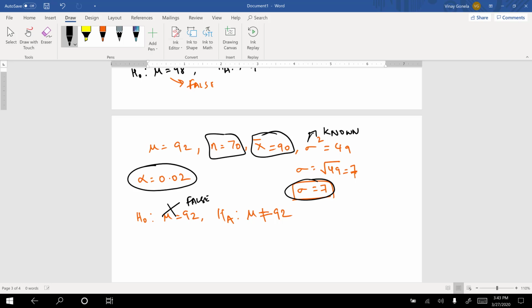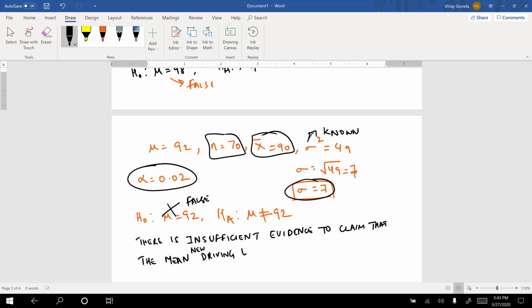So then you will say there is insufficient evidence to claim that the mean new driving license training time is 92 with the new system.